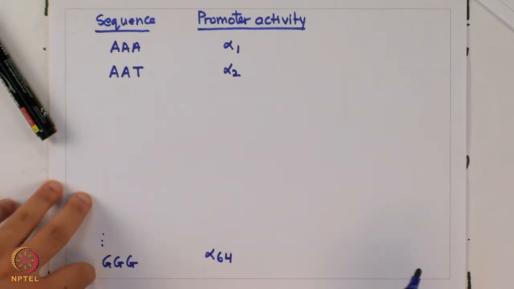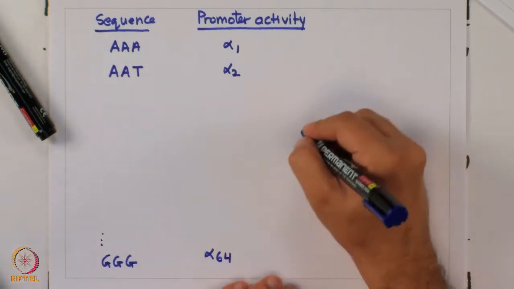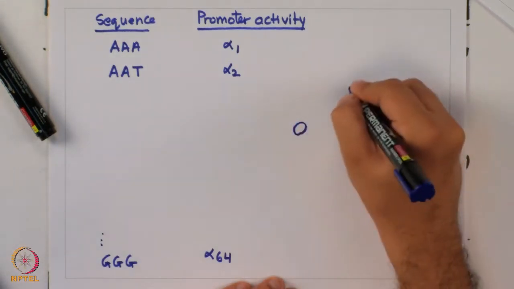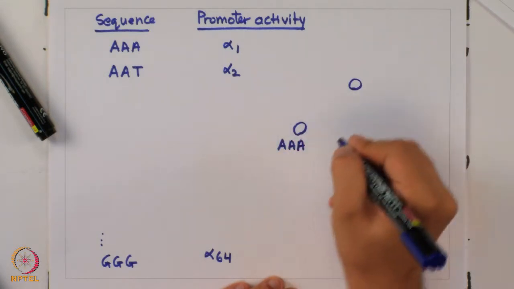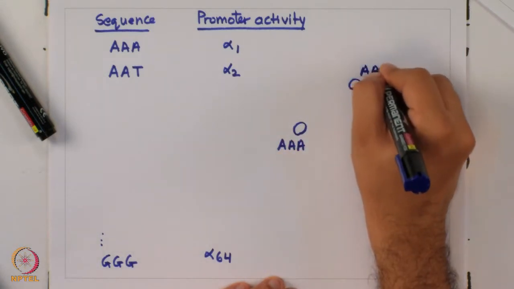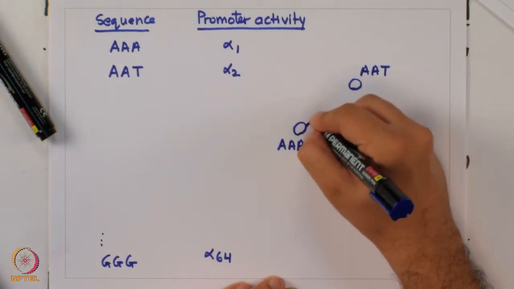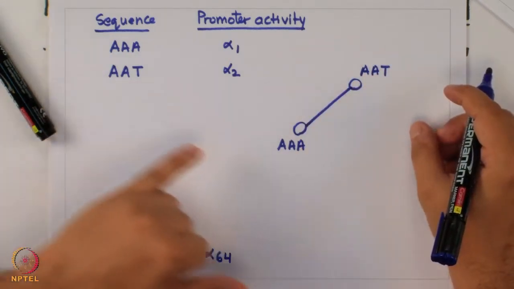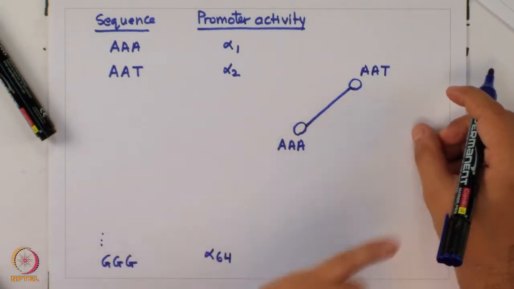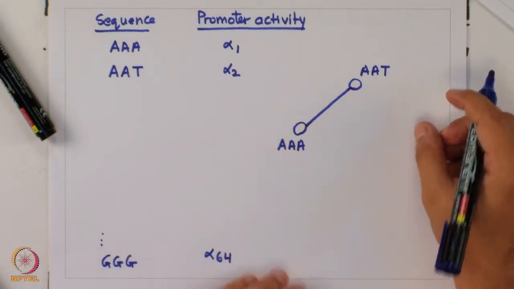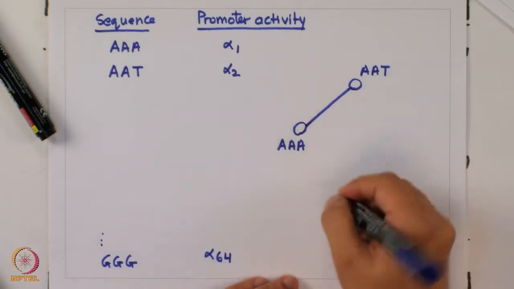If you remember how we define fitness landscapes, each sequence is going to be a node. So, this is AAA, this is AAT, and these two are going to be connected because I can move from one to the other by just changing one nucleotide and keeping the other two constant. So, these two are connected, and so on and so forth.